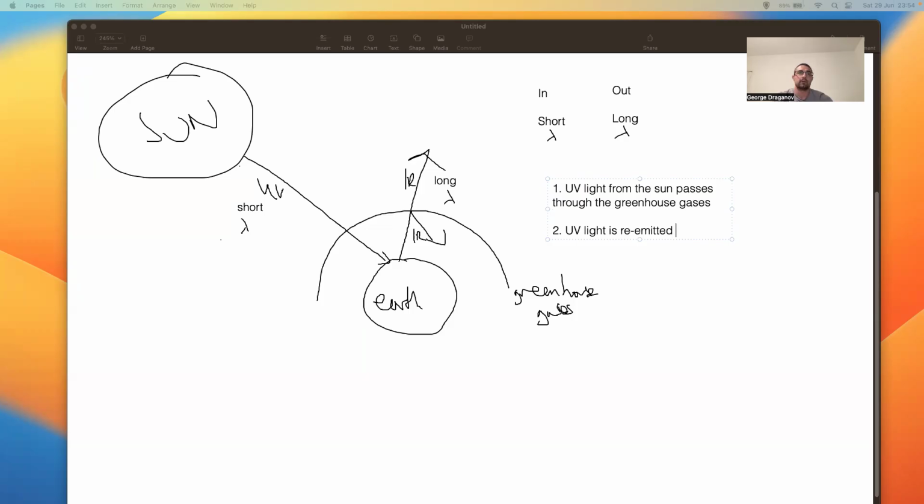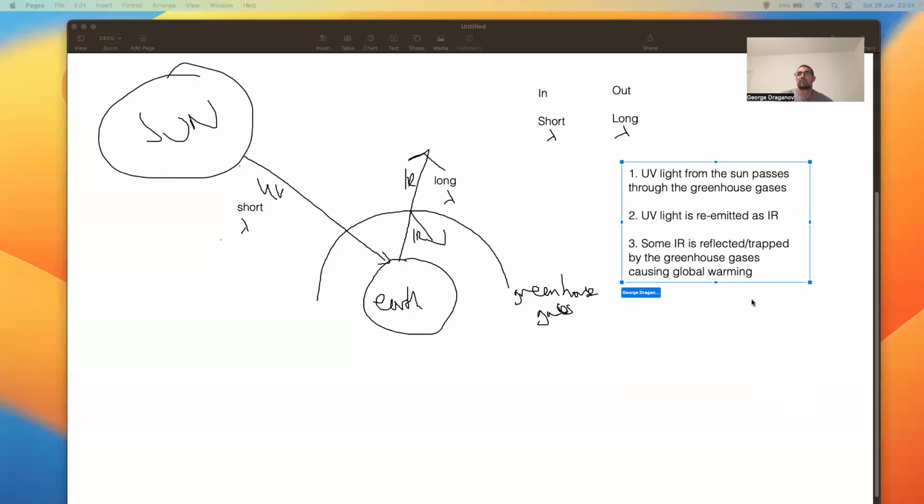Don't say reflected, you have to say re-emitted as infrared. Some infrared is reflected or trapped by the greenhouse gases, causing global warming. Okay, so that is the principle. I've saved that.